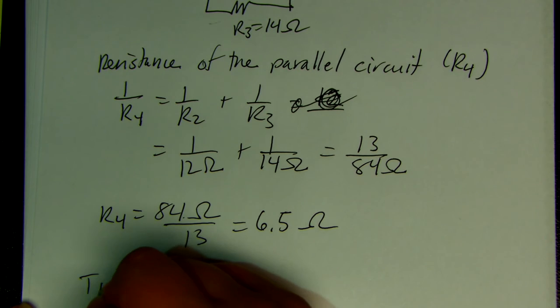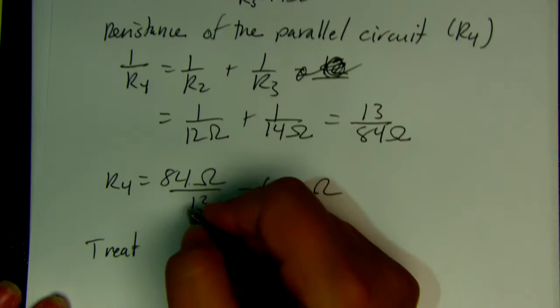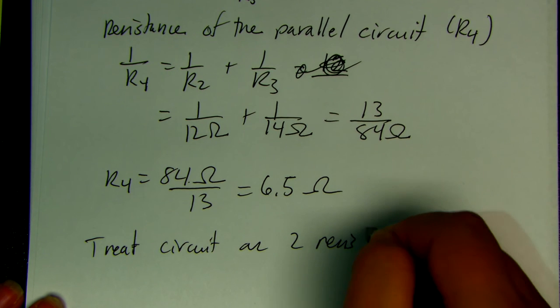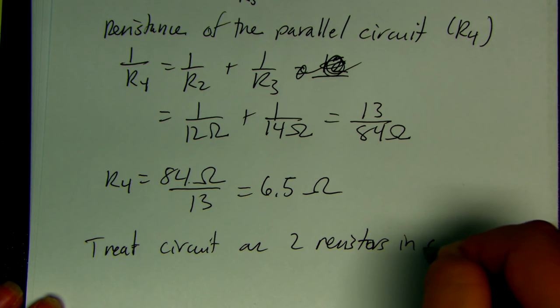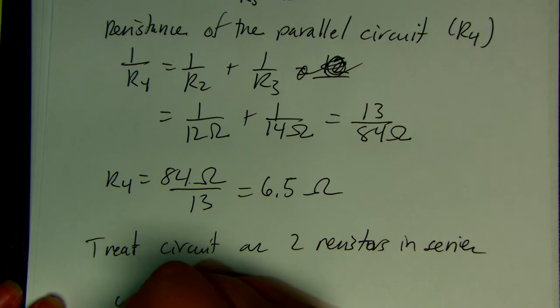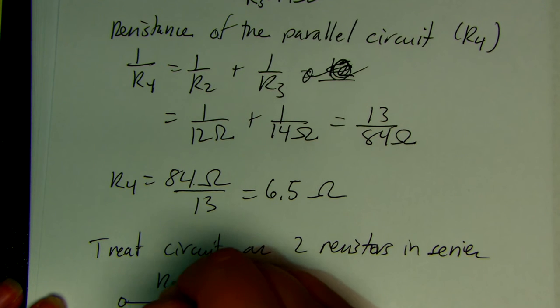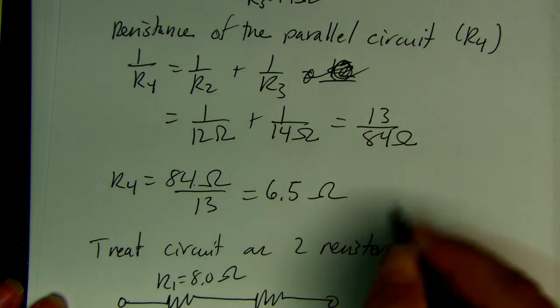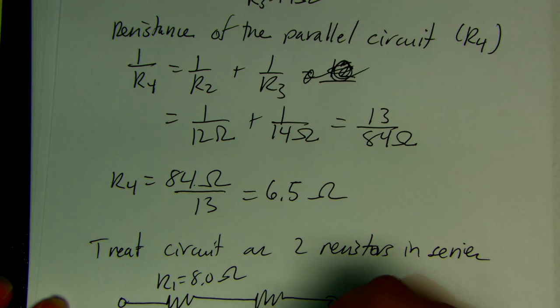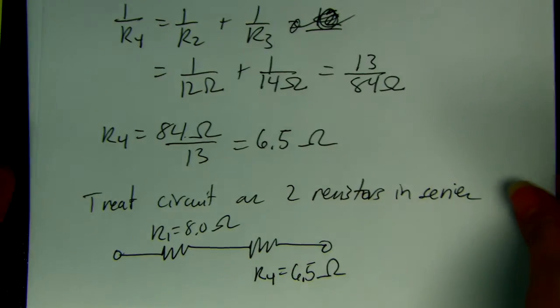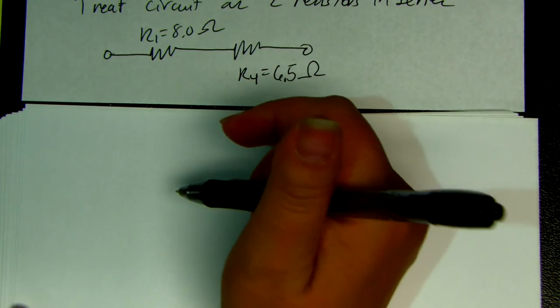All right, so now that we have the resistance for this section, we could essentially treat this as though we have two resistors in series. So we have R1 is equal to 8.0 ohms and R4, which is equal to 6.5 ohms. So that is our new problem as we head towards equivalent resistance.